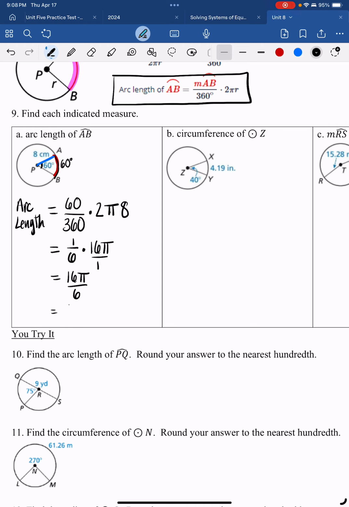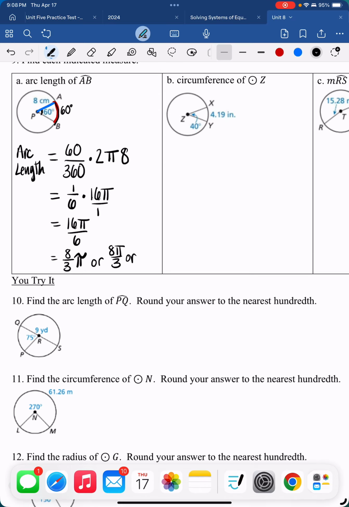So that arc length would be 8/3 pi. We can put the pi to the side like that, or we can put the pi in the numerator if we want. So just some equivalent ways to write this. You can write it as 8/3 pi, or 8 pi over 3. Or let's say we wanted to figure out what actually is that measurement.